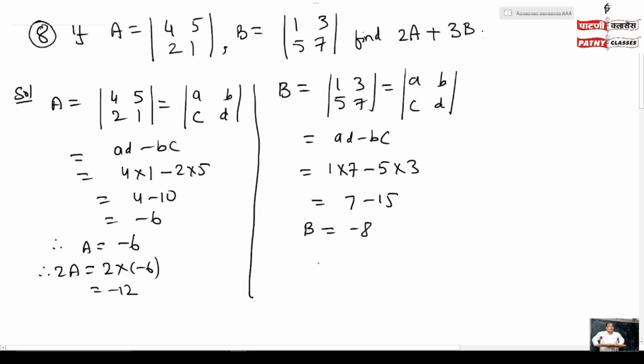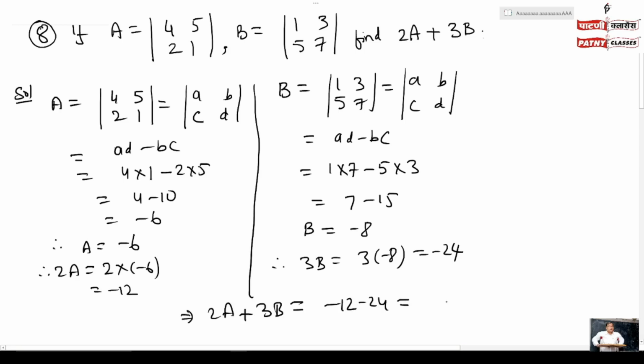So determinant B equals minus 8. Therefore 3B equals 3 into minus 8 equals minus 24. This implies 2A plus 3B equals minus 12 minus 24 equals minus 36.